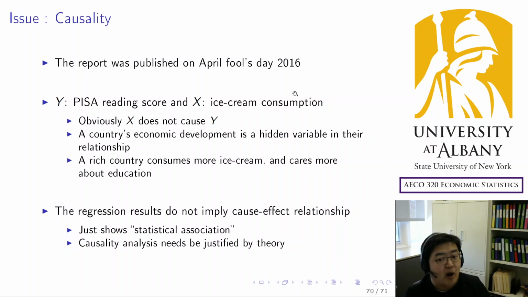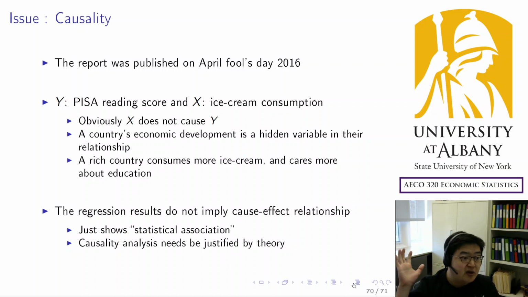So what you have to learn from here is that regression results only imply statistical association. If you want to say causality, a cause and effect relationship, you need economic theory or other theory.